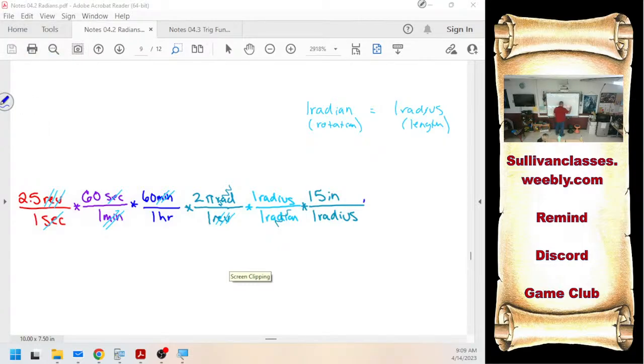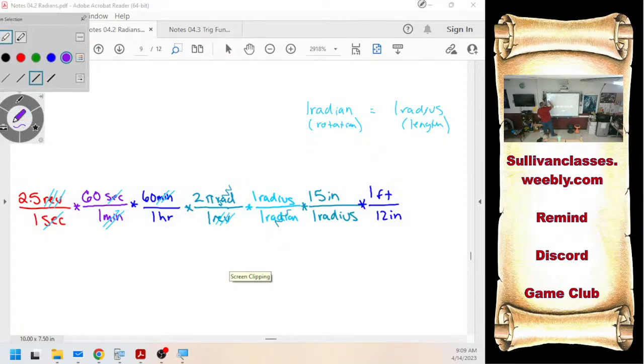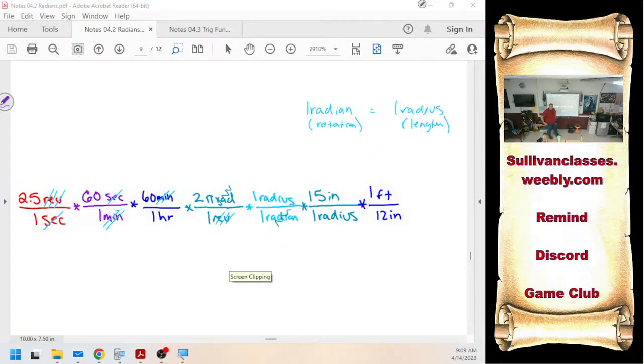So there are 12 inches to 1 foot. And how many feet in a mile? 5,280 feet. You're going to pick up this ball and run every one of them. 5,280 feet to 1 mile.